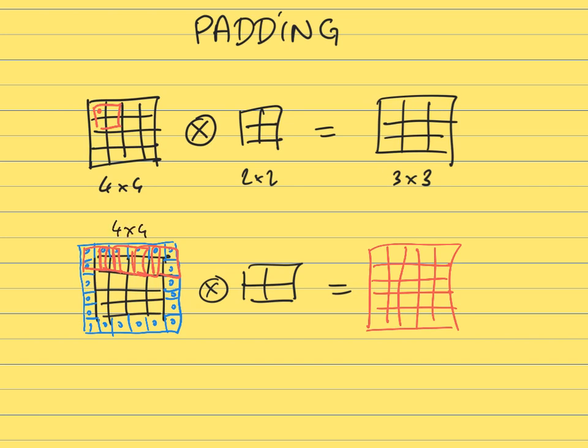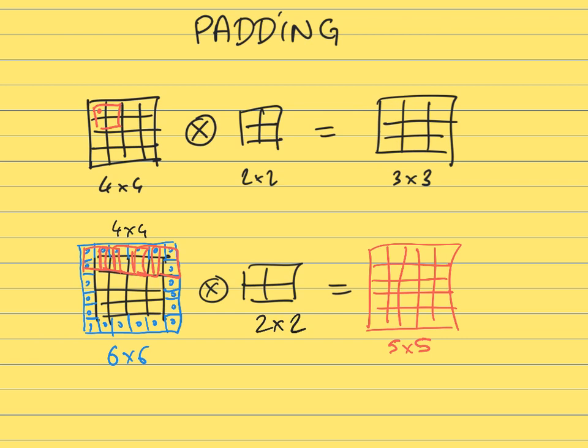After the padding, you have added 2 extra lines and 2 extra columns, so now it becomes a 6 by 6. You convolve this with the 2 by 2 filter, and at the end you get a 5 by 5 output grid.